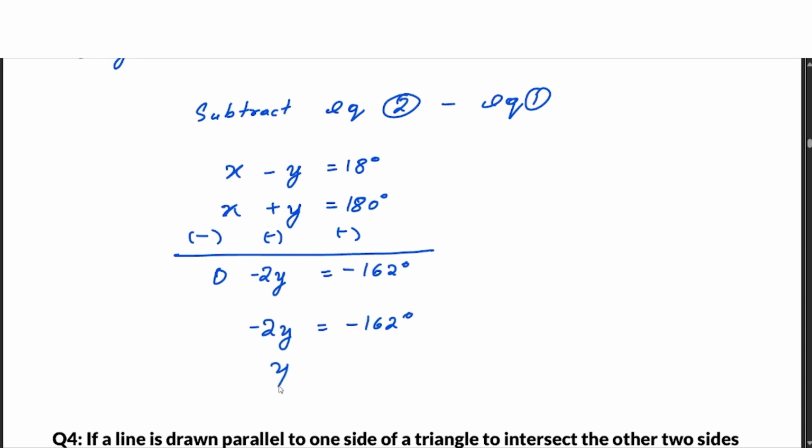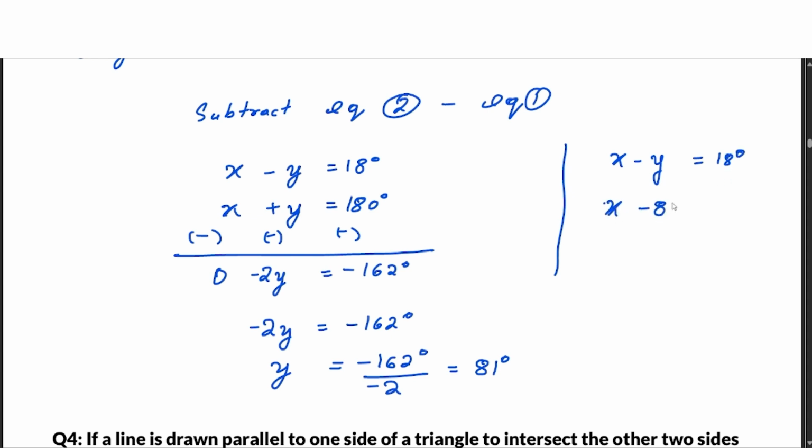So y is equal to minus 162 degrees divided by minus 2, so you will get y is equal to 81 degrees. Now substitute the value of y in any equation. Taking the first equation, x minus y is equal to 18 degrees, substituting y gives x minus 81 is equal to 18 degrees.